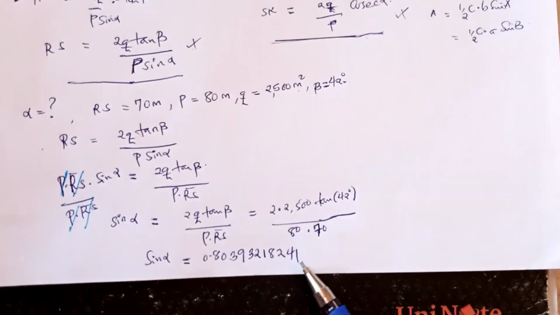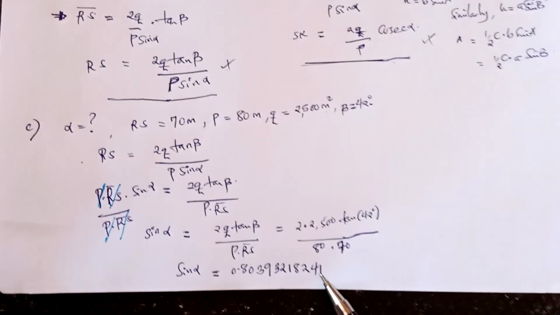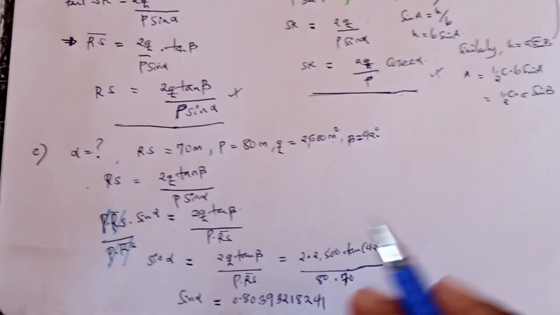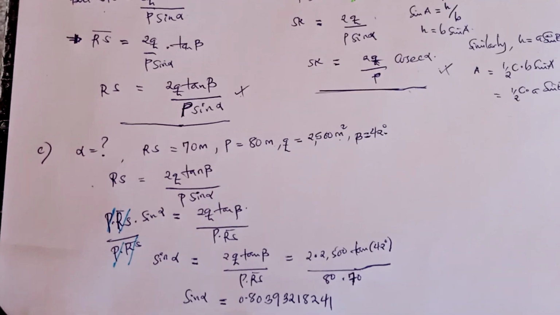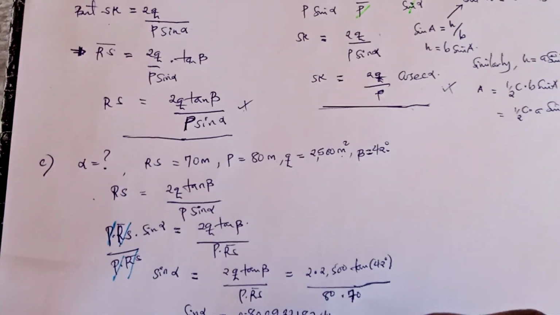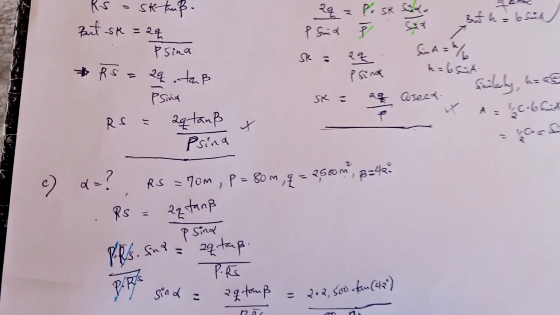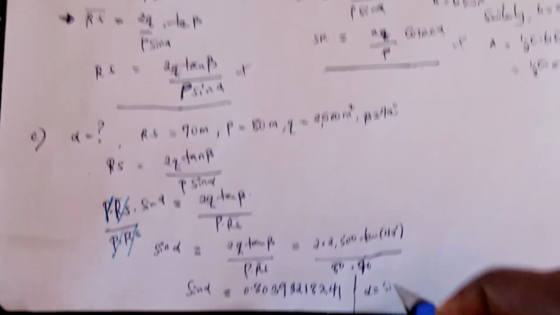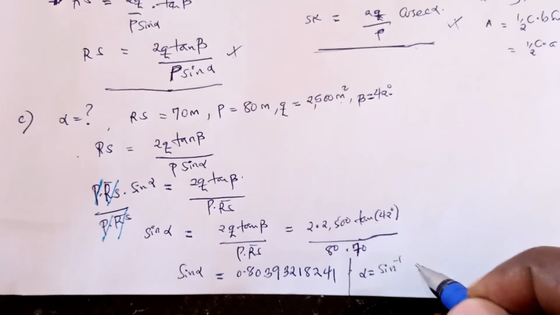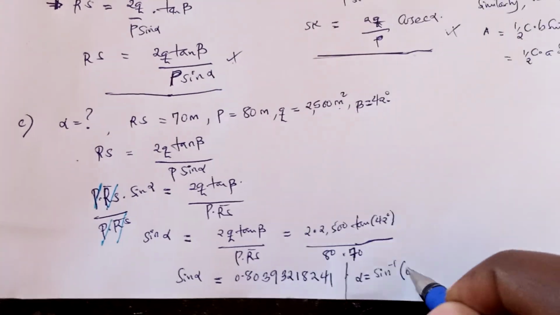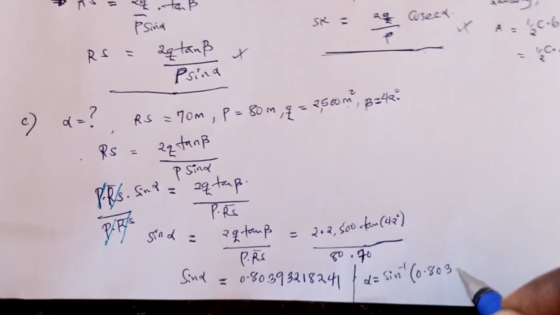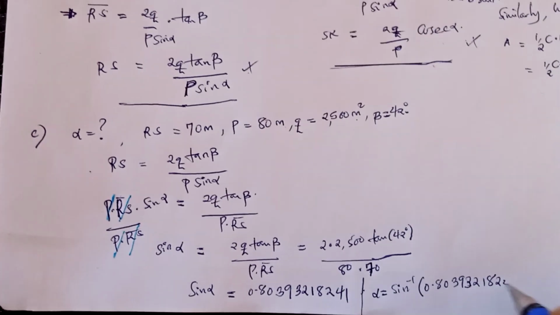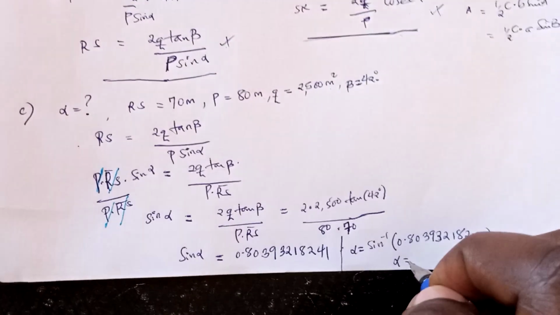I'm using this number of decimal places because we want to keep the accuracy. The degree of accuracy has to be high, because I'm going to use this value to get alpha. Okay, so alpha is the sine inverse or arcsine, whatever you want, of 0.8039321821.